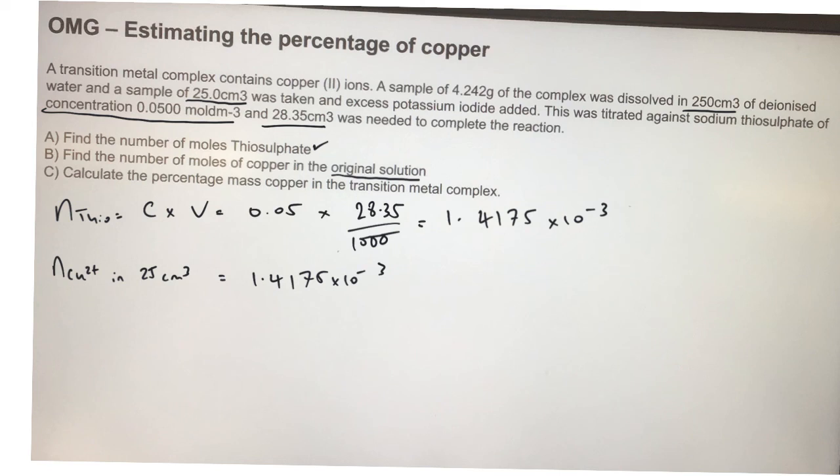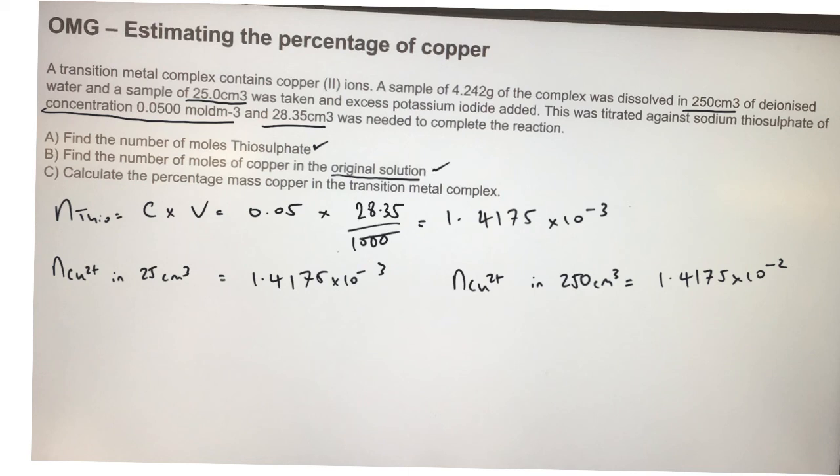But I need to find out how many are in 250. To do that, I'm going to times it by 10, because 25 goes into 250 ten times. So my number of moles in 250 centimetres cubed, accounting for the total volume, is 1.4175 times 10 to the minus 2.